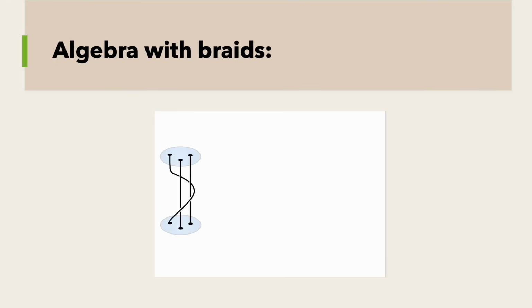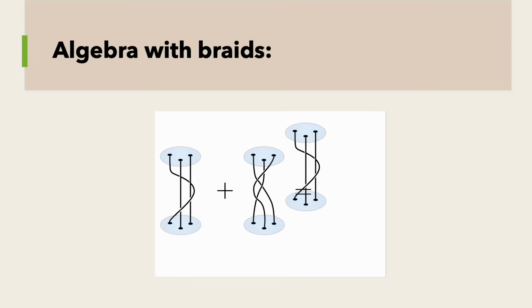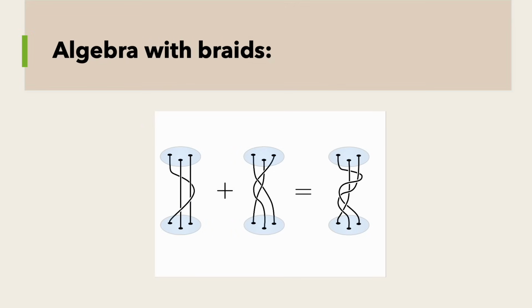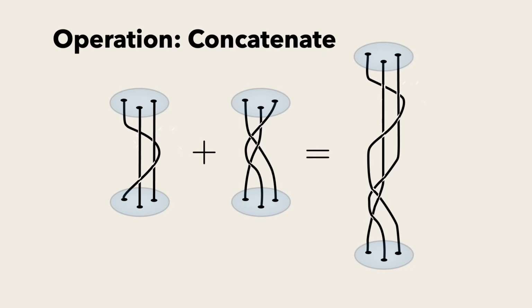So there's braid number 1. These are 3-stranded braids. Braid number 2. And the operation is take the first braid, stick it on top, take the second braid, stick it on the bottom, and then scale it down. That's called concatenation.